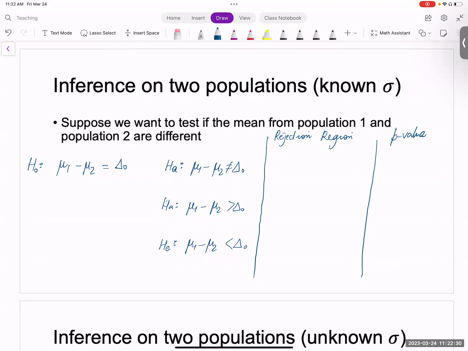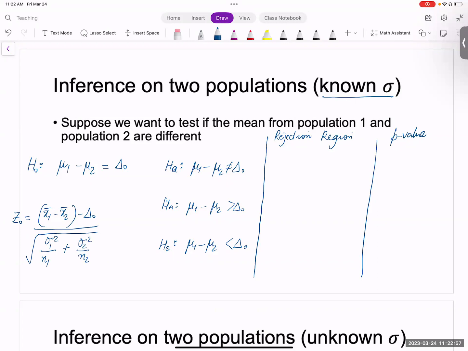But before we do that, we need to know what the test statistic is, right? The test statistic is Z0 in this case, because we are assuming sigma is known. So test statistic Z0 is x1 bar minus x2 bar minus delta 0 divided by square root of sigma 1 squared divided by n1 plus sigma 2 squared divided by n2.